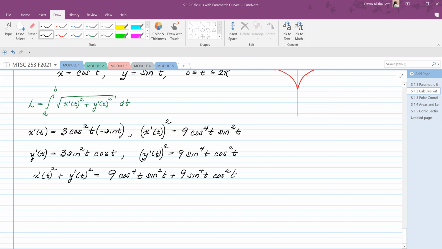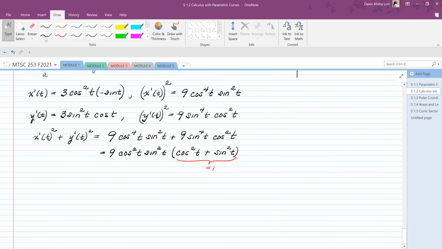And let's simplify that. Let's pull out a 9. We can pull out a cosine squared t, and we can pull out a sine squared t. And in that first piece, that's just going to give us cosine squared t. And in that second piece, that's going to give us sine squared t. And how beautiful is that? Because this is just equal to 1.